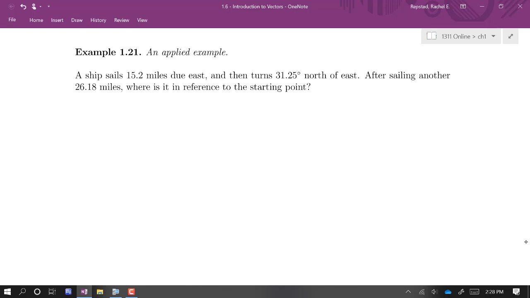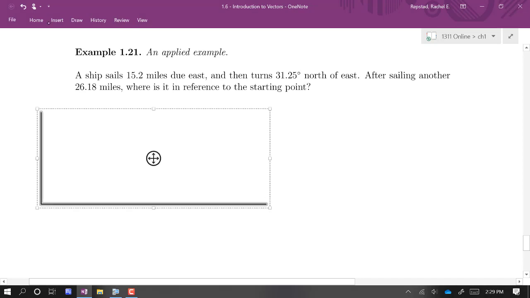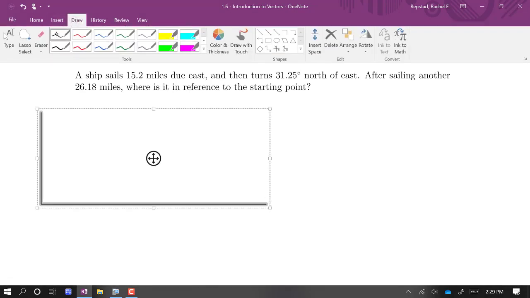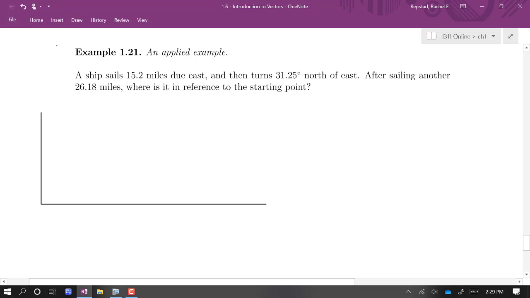A ship sails 15.2 miles due east, then turns 31.25 degrees north of east. After sailing another 26.18 miles, where is it in reference to the starting point? So the first thing I'm going to do is sketch this out. Here's my first quadrant coordinate plane.